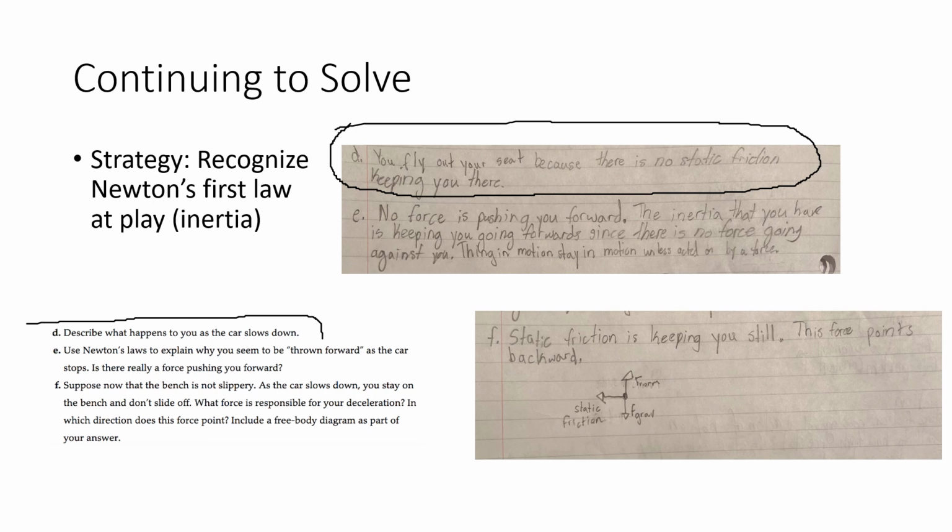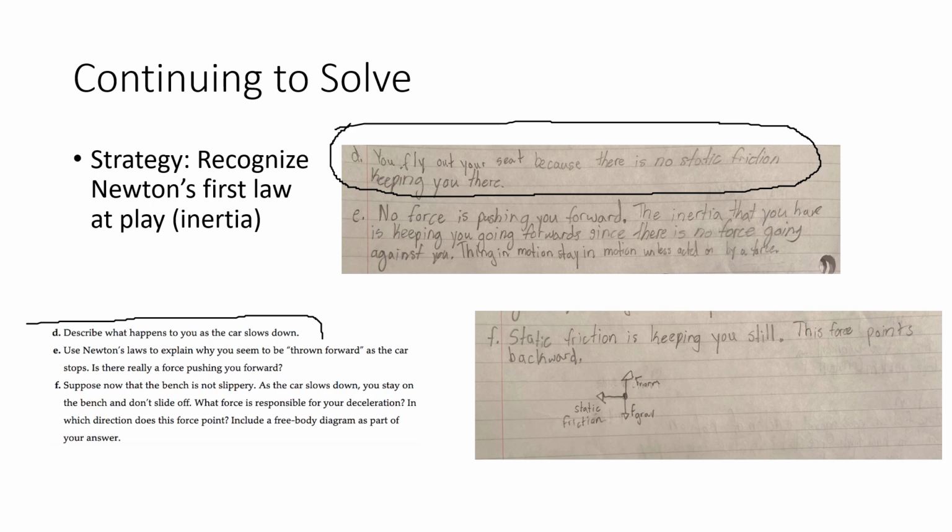It's like everything's slowing down around you while you're not. That is the idea of inertia and how you keep on moving unless acted on by another force. You're not actually accelerating; only the car has a negative acceleration, which in the context of the situation makes it feel like you are flying forward because the car is slowing down.